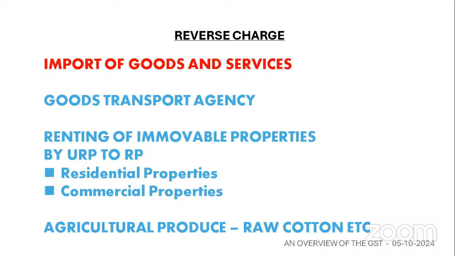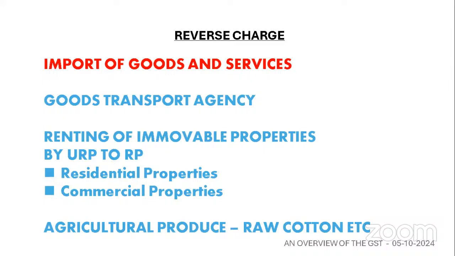Assume a case where a commercial property is given on rental basis at 1 lakh rupees per month. The total rent for the year is 12 lakh rupees. Under the GST law, for sale of services up to 20 lakh rupees, the registration is voluntary.